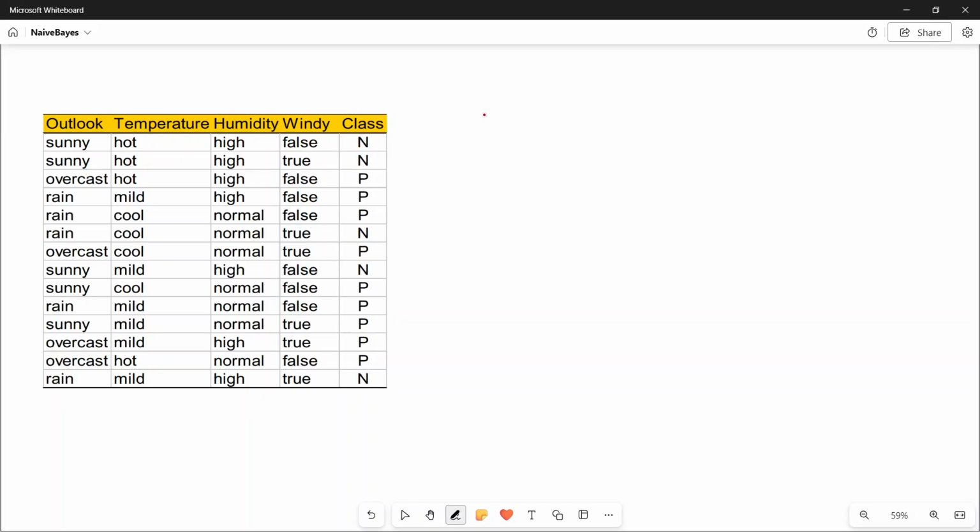Now what we do is we create a table for each attribute. If we talk in terms of x and y, this is x1, this is x2, this is x3, this is x4, and this is y. First we'll make a table for x1, that is the outlook. What will be the rows and columns? So this will be the table.